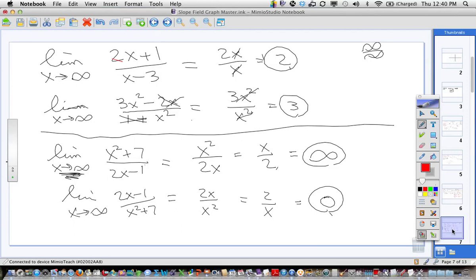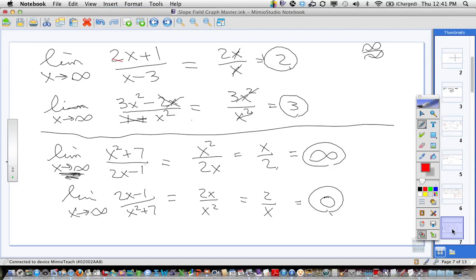Well, we keep going, just like 0 over 0. So when the top is getting way bigger than the bottom, way faster, that's going to be a really big number, infinity. If you reverse that, if the bottom's getting big way faster than the top, that's going to go to 0. So you either get a number, maybe 0, or maybe infinity.